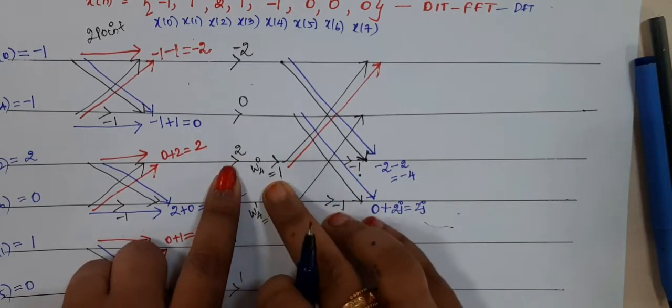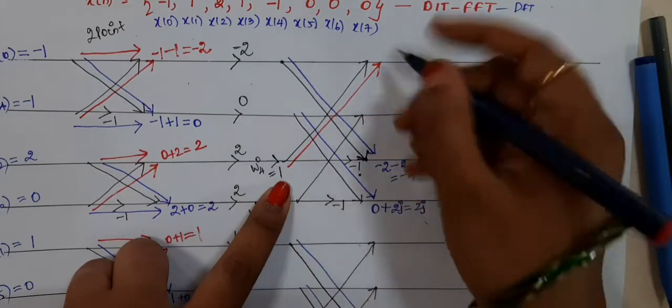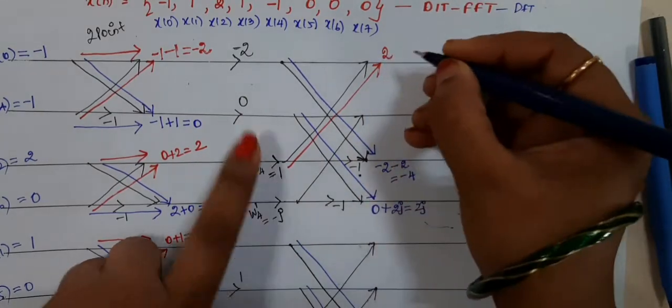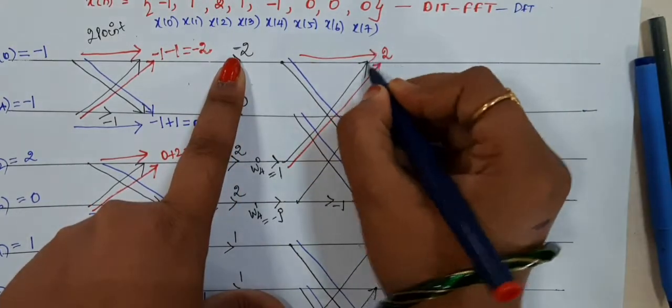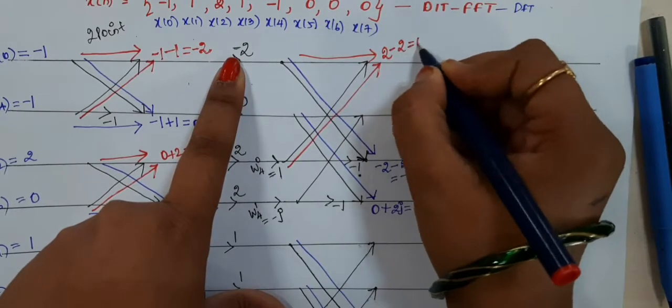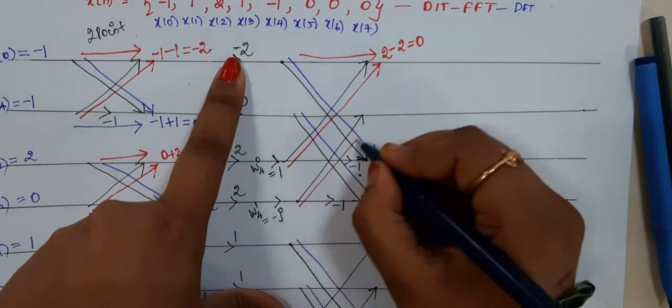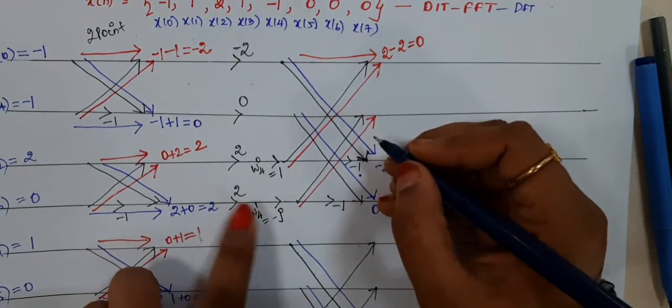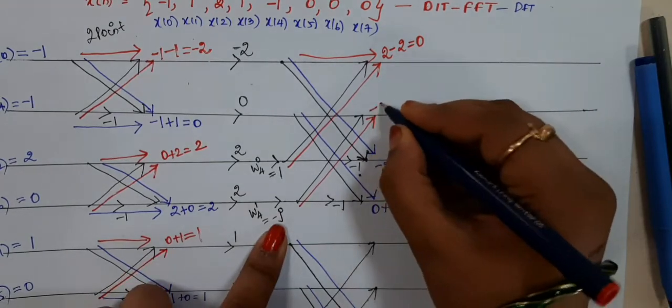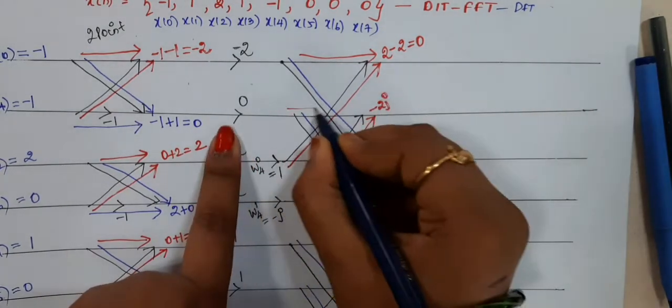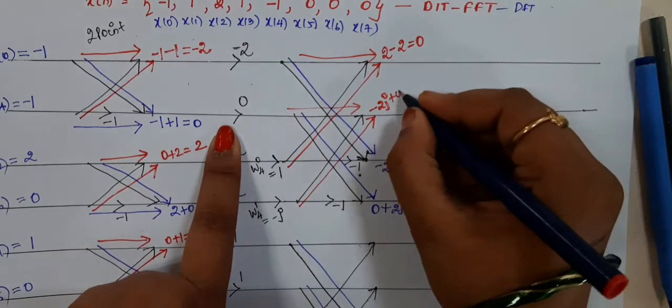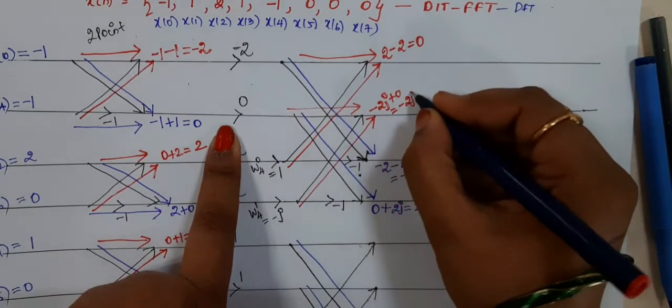So it is going to cross the twiddle factor, 2 into 1, 2. Okay, 2 into 1, 2, and then one more thing, -2 will be 0, and next to this up arrow is 2 into -j, so -2j, and one more value is 0 plus 0. So the value is -2j.